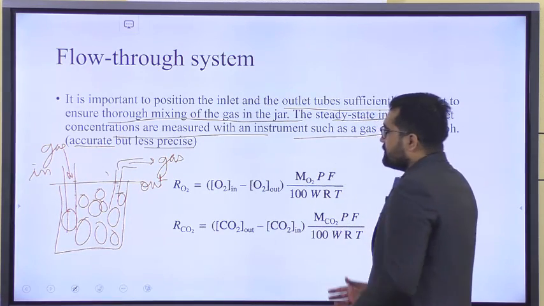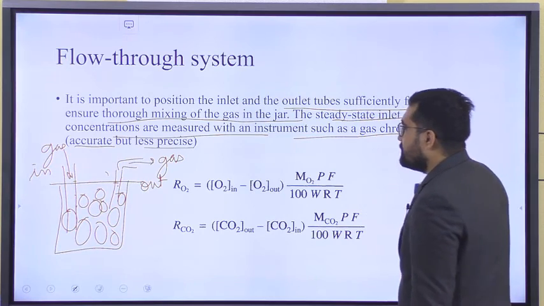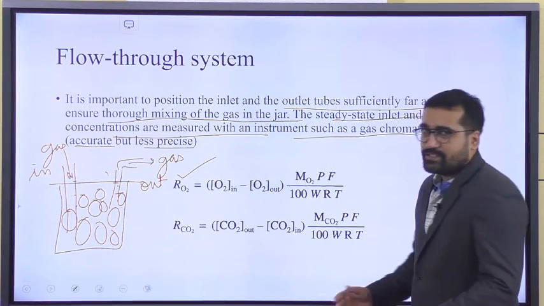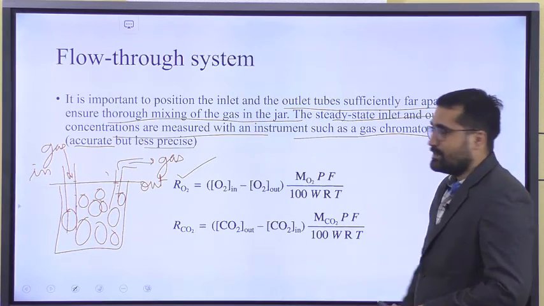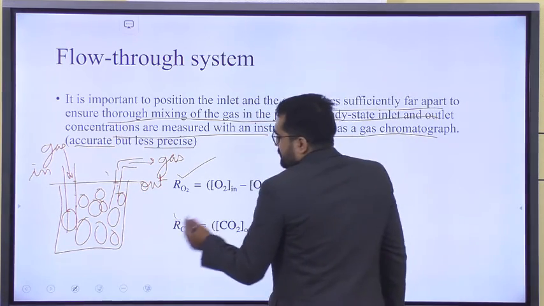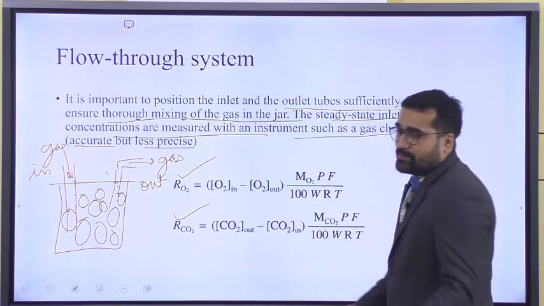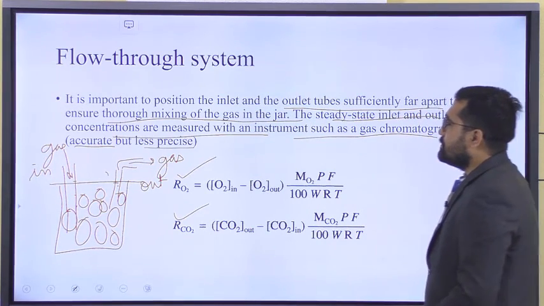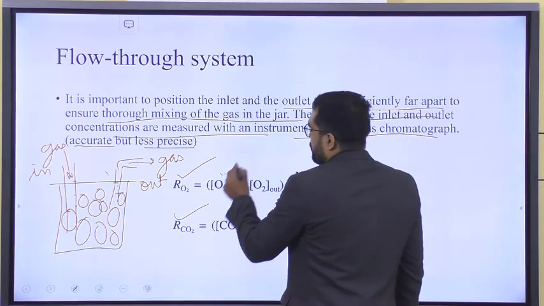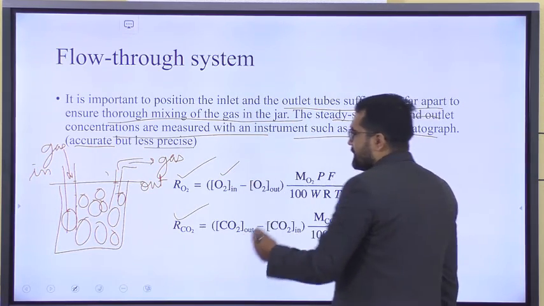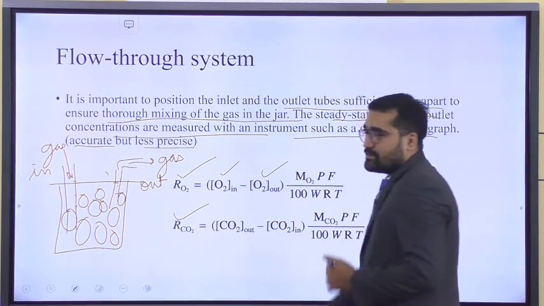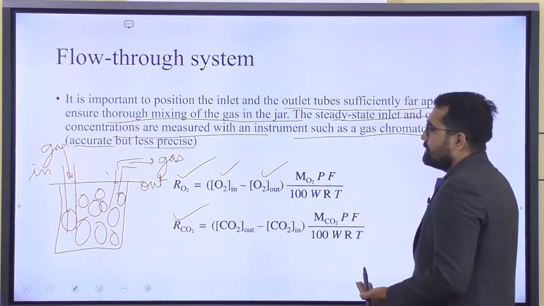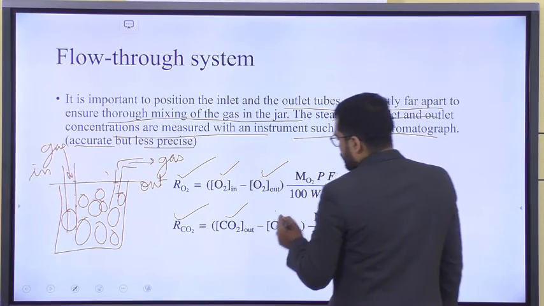So the equations which govern this are as follows, where R is the respiration rate of oxygen, or rate of oxygen getting inside the system. RCO2 is the rate of carbon dioxide getting out of the system. O2 is the concentration of oxygen getting in, and O2 out is the concentration of oxygen getting out of the system. Similarly for CO2.